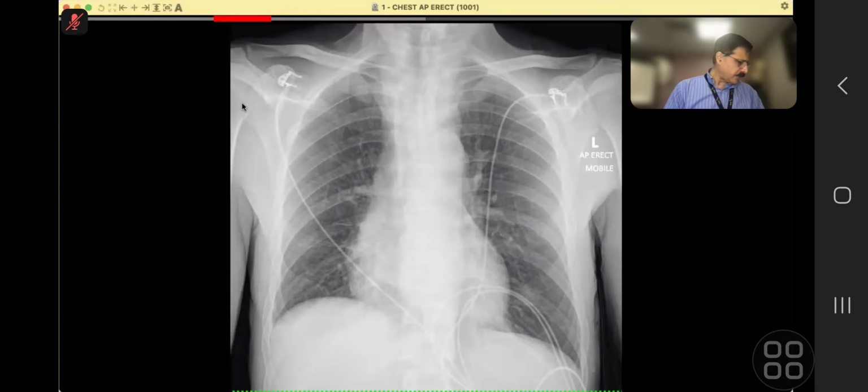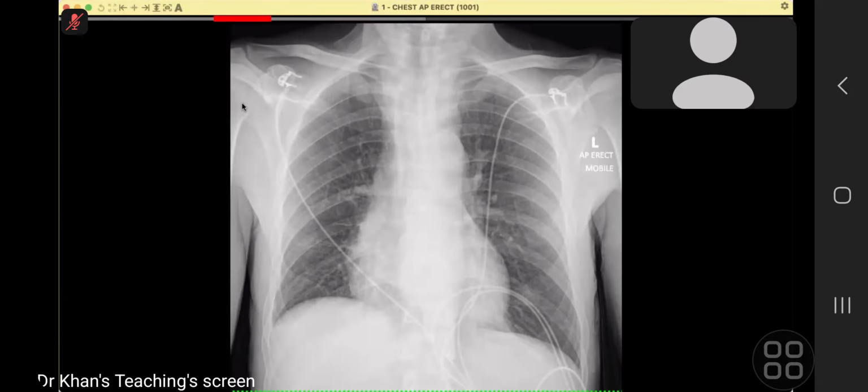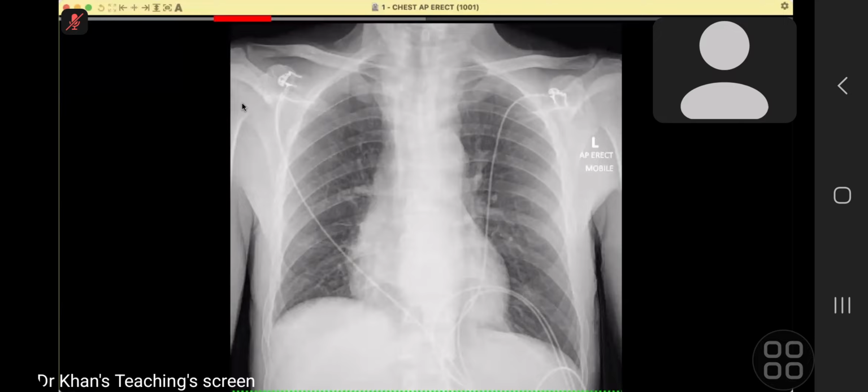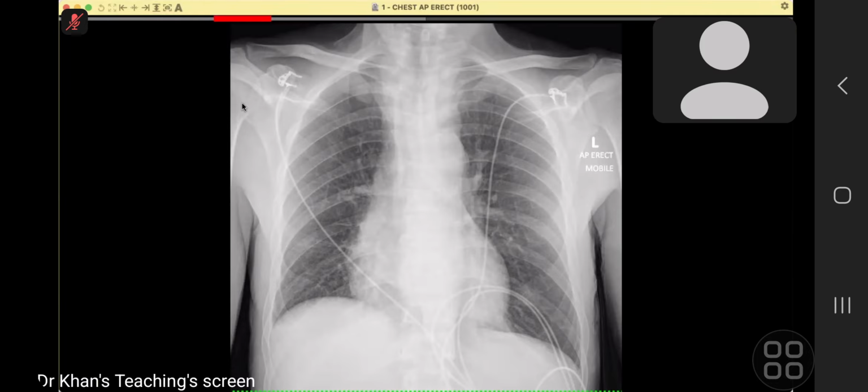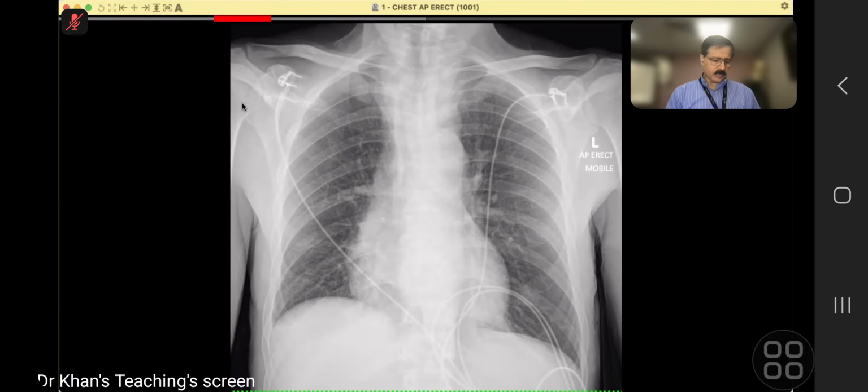is a 55-year-old male. He came to the hospital with tightness of chest and chest pain. There is some previous history of cardiac intervention, PCI, etc. So he was shifted to the cardiothoracic center.